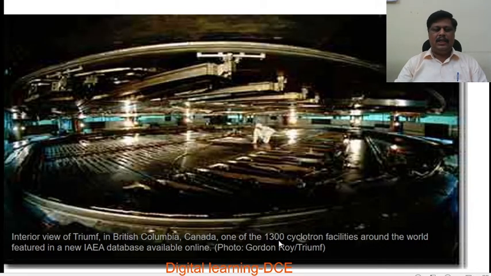So this is the actual diagram of the cyclotron, that is the interior view of a TRIUMF in British Columbia, Canada, one of the 1300 cyclotron facilities around the world, featured in a new IAEA database available online.